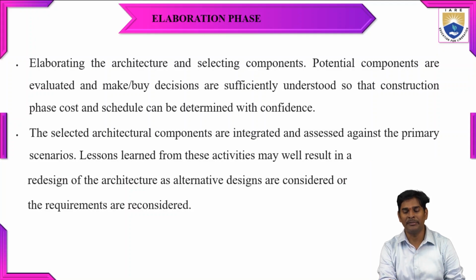And for the construction, they need to check whether the cost and the schedule are determined or not. Okay. And the next one is the architectural components are integrated and assessed against the primary scenario. So they need to check what lessons they have learned and what various alternative ways for the architecture design will be considered as the requirements are reconsidered.